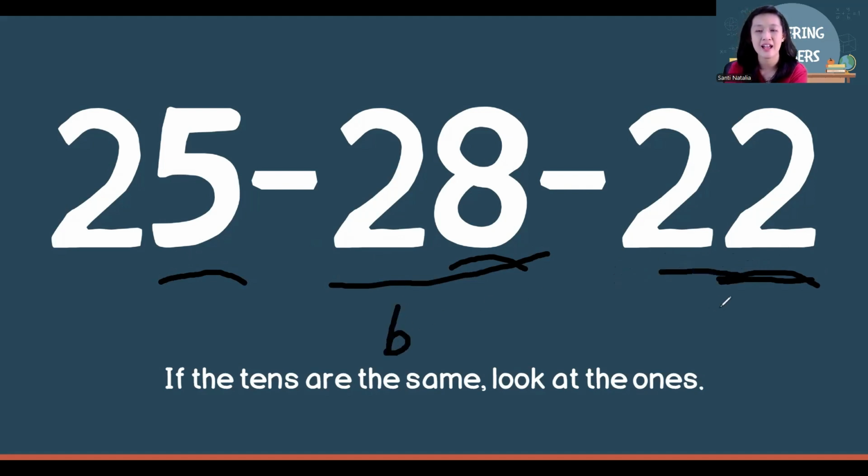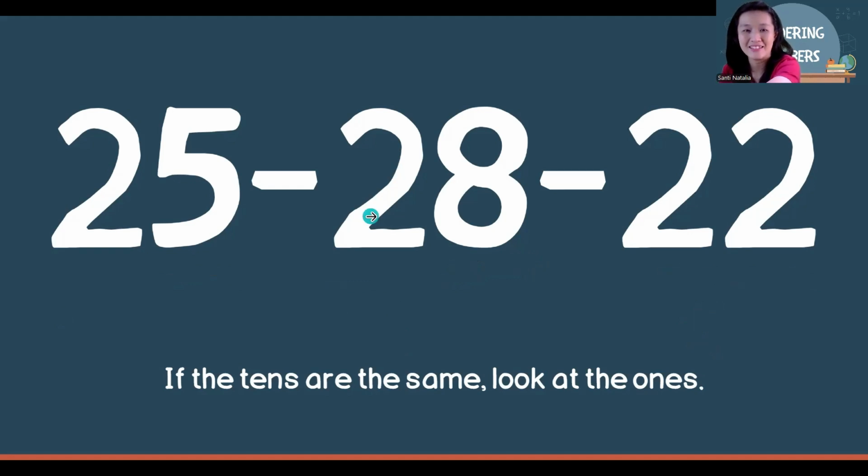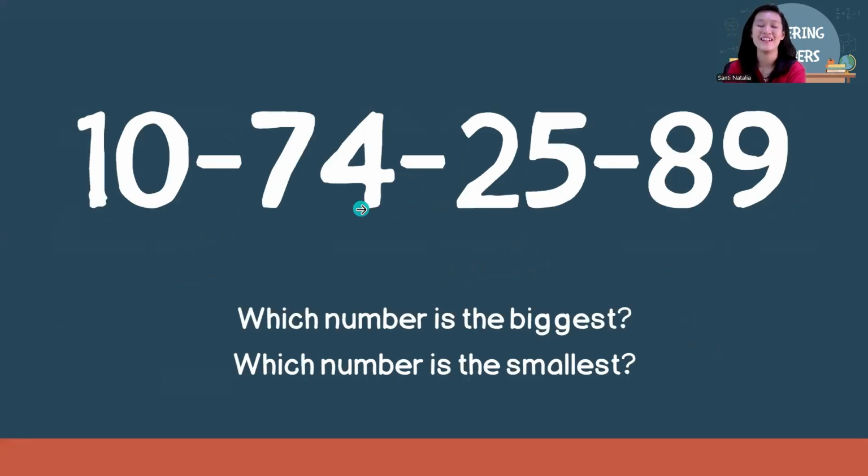Biggest and smallest. Do you understand, children? Okay. Now, look at these numbers: 10, 74, 25, and 89. Which number is the biggest?